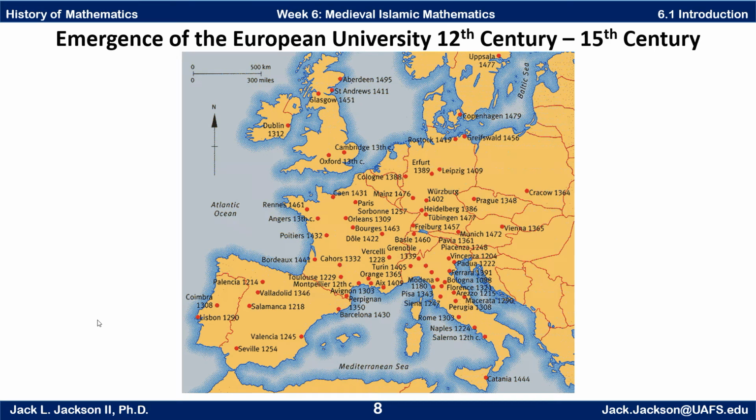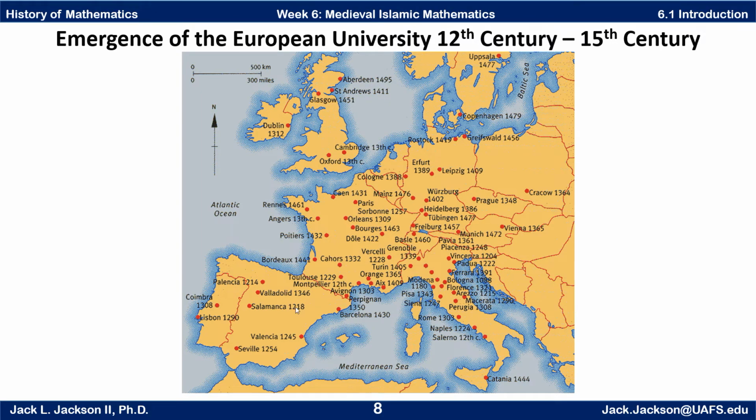I mentioned the emergence of the European university. If you see from about the 12th century to the 15th century here, you can see when certain universities were founded. And for example, Oxford was in the 13th century and Cambridge as well. When you're looking up in Scotland, we're talking in the 15th century.